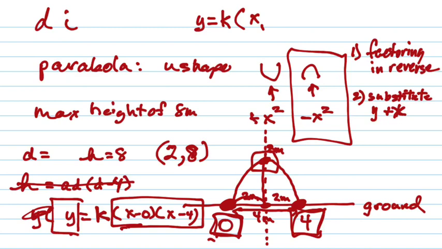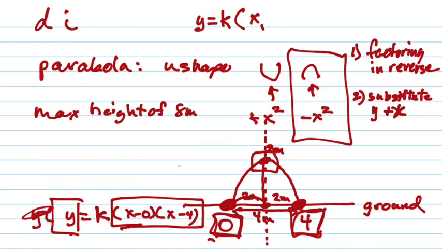So let's get a little space here. So if y is 8, and x is 2. So 2 minus 0, 2 minus 4.